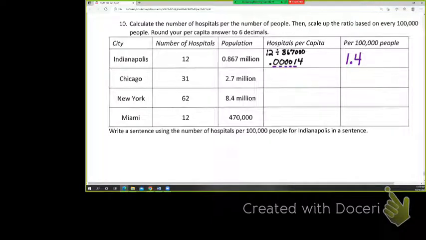Here's an easy way. After you get the decimal, since it says per 100,000, you could take this answer times 100,000. If you don't trust yourself, just leave the answer in your calculator and multiply by 100,000 to get the last part. So there are 1.4 hospitals for every 100,000 people.